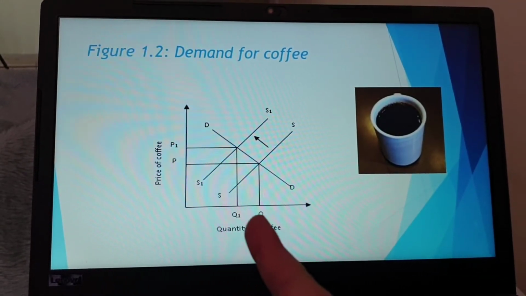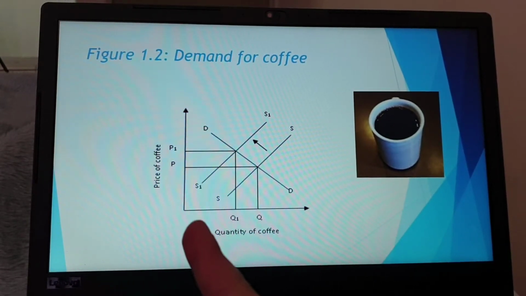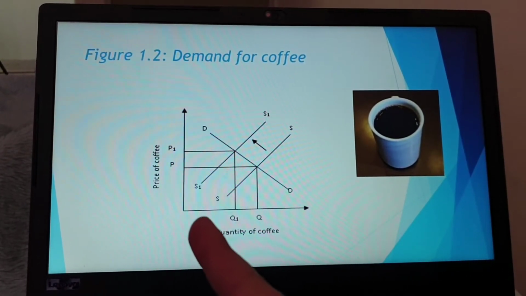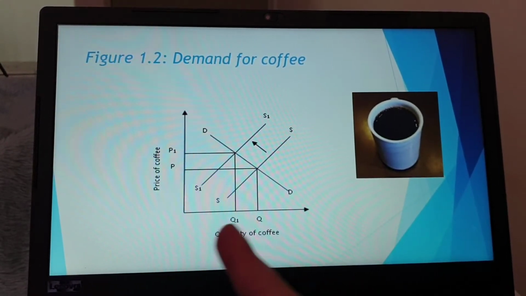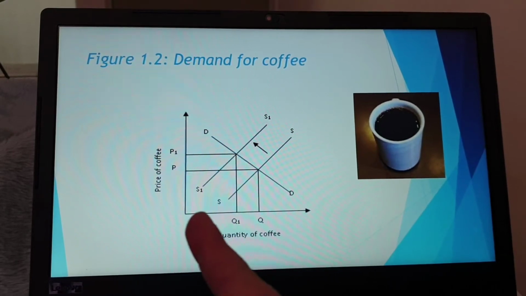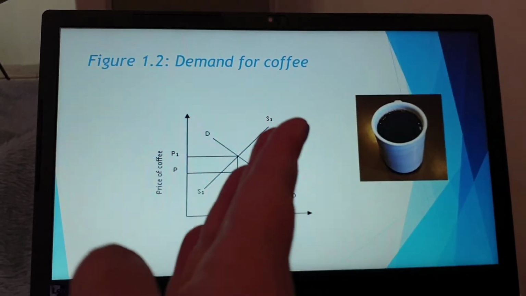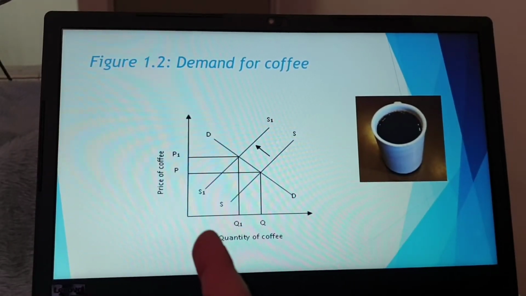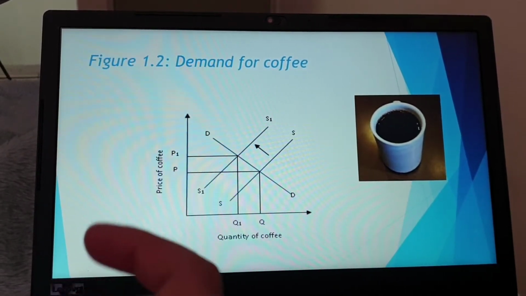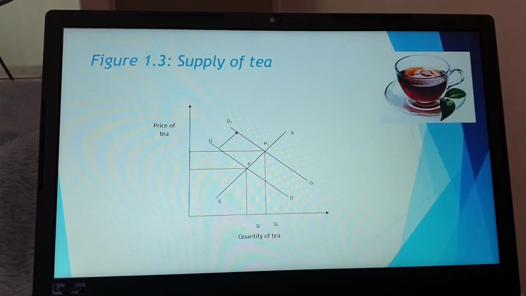If we imagine that we had figures here at the bottom, it would have been starting at 0, 1, 2, 3, 4, or in tens or in hundreds. So it always increases to the right side and it decreases to the left side. So whenever there's a shift in the curve to my left side, it indicates that there's a decrease in supply or a decrease in demand.